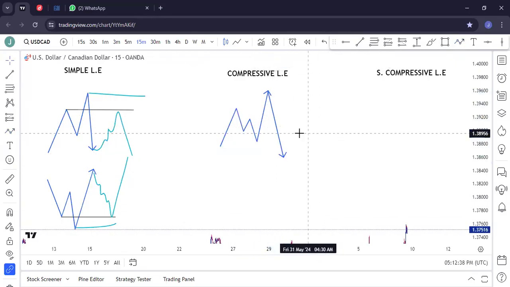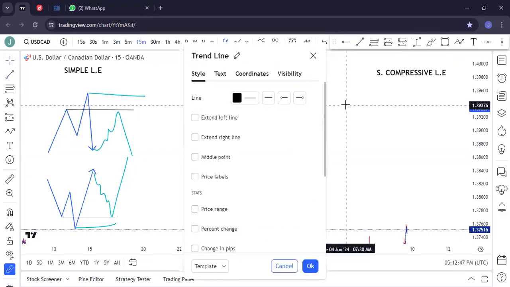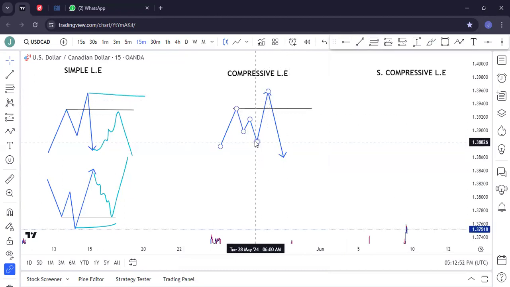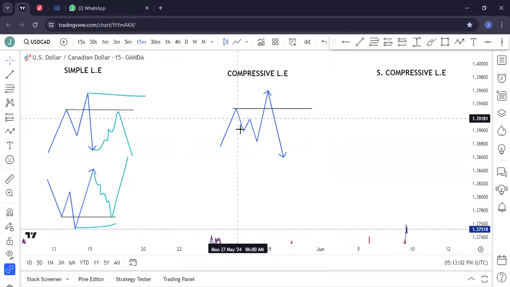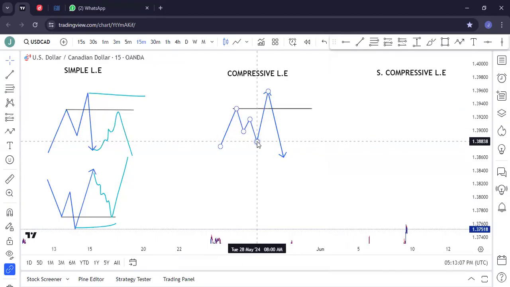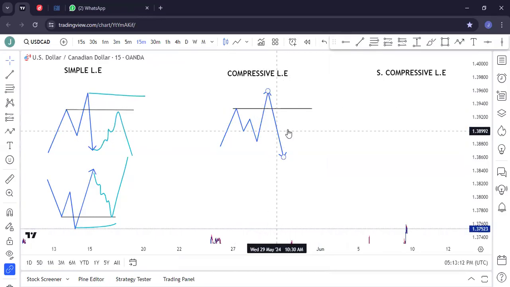So if you see this action in the market, when the market breaks structure here, after it breaks the structure, then change of character. But before the price comes to break this structure, the price created a small bearish trend like this. So this is what we call compressive liquidity engineering.